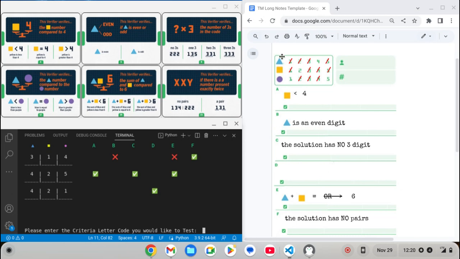So that eliminates the 5, and that's how we choose between 1 and 5. The 4 is greater than 1, not the 5. So let's go ahead and cross out the 5, and we'll say that the solution is 421.